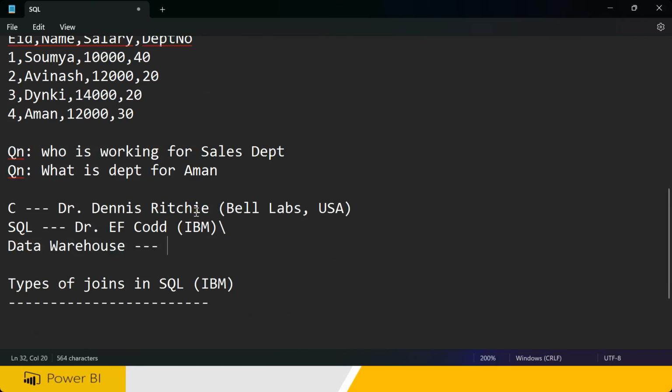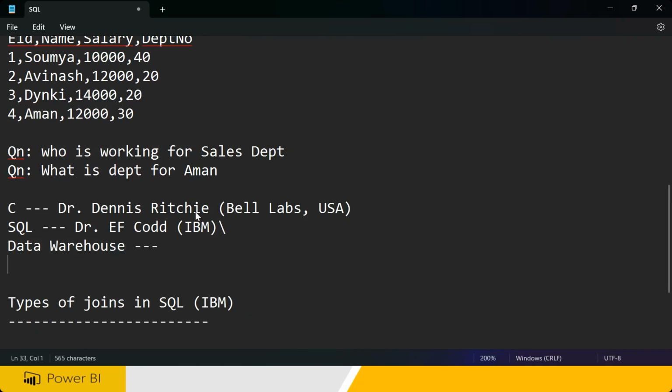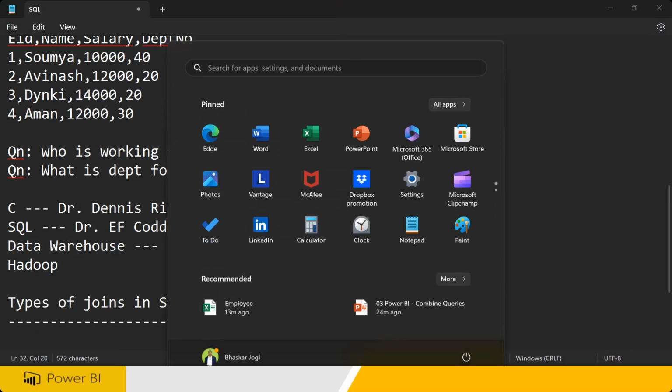Any idea? You watch my videos. Who invented Hadoop? Doug Cutting. Data warehousing. For the father of data warehouse, you can just Google it, you will come to know who invented this.